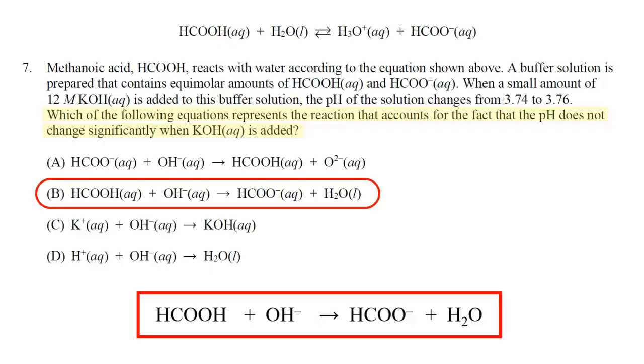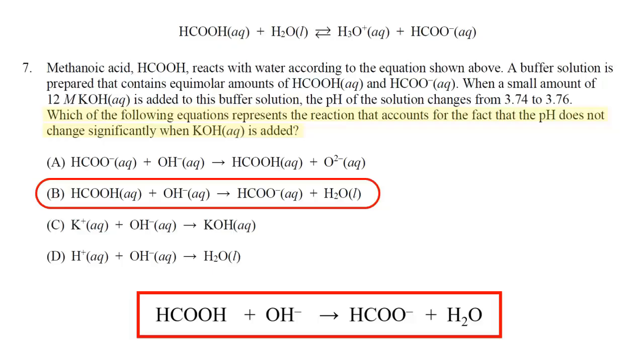Choice B shows the methanoic acid being converted into ions of its conjugate base, the methanoate ion, and the buffer components are changing but only slightly. Choices C and D are incorrect because they don't feature how the components of this buffer system would be changing. So the correct answer to question 7 is choice B.